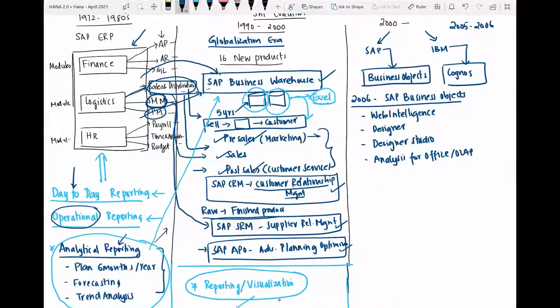There were several products available within the BusinessObjects list of reporting tools. All these reporting tools were acquired by SAP. So now all this information, whether it is operational reporting or analytical reporting, could be visualized using one of these tools.